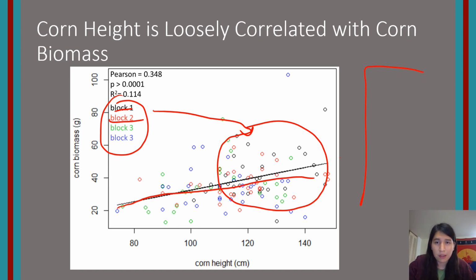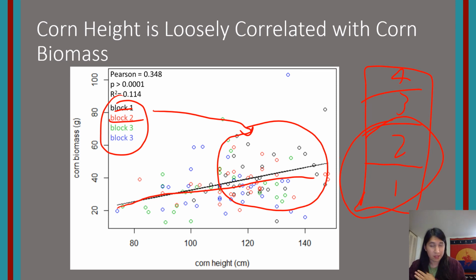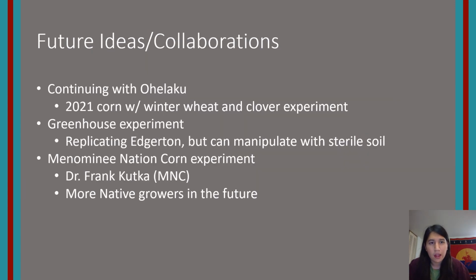So for example, how we sort of set up the experiment, it was like a long rectangle field with block 1, block 2, block 3, block 4. So there could have been more nutrients right there that helped the plants get a little taller, or it could have been something with the weeds. We aren't really sure, but it didn't seem to affect biomass though, because biomass is still significant between different treatments.